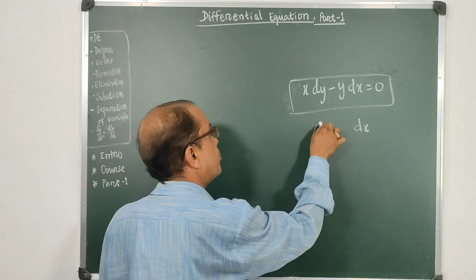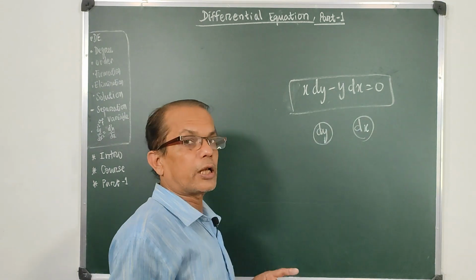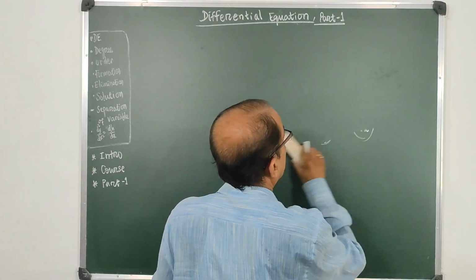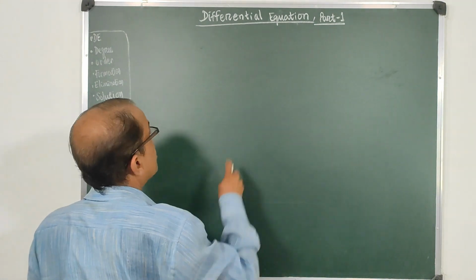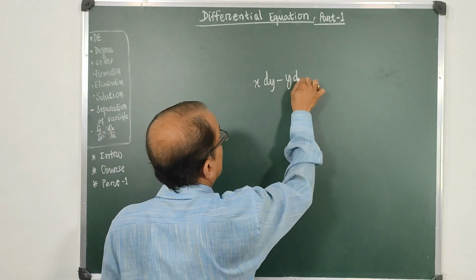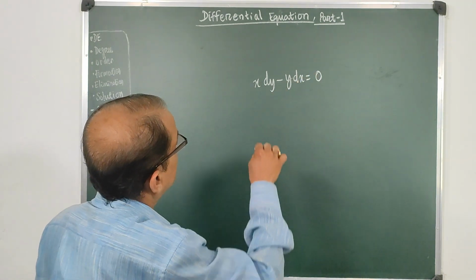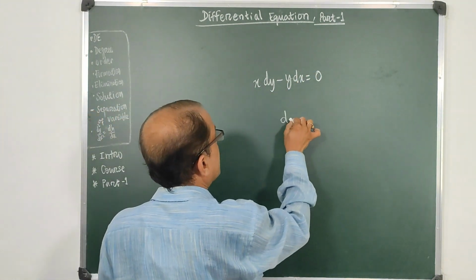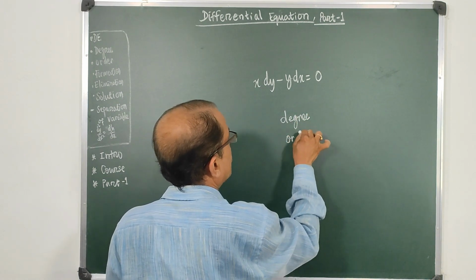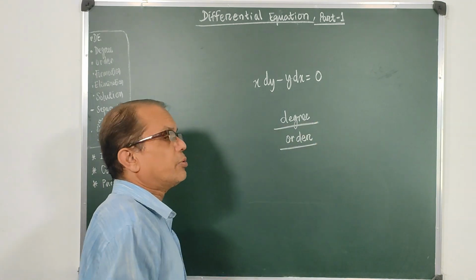So if differentials are involved in any equation that looks like an algebraic equation, then it is called a differential equation. Then, if x dy minus y dx is a differential equation, what is its degree, what is its order, and what are degree and order of a differential equation?